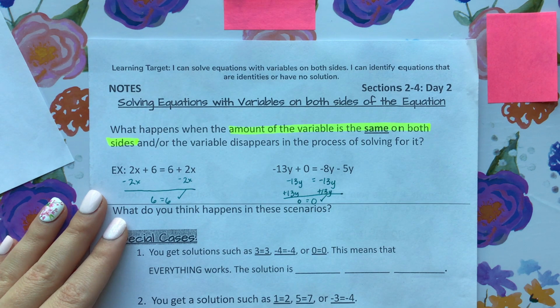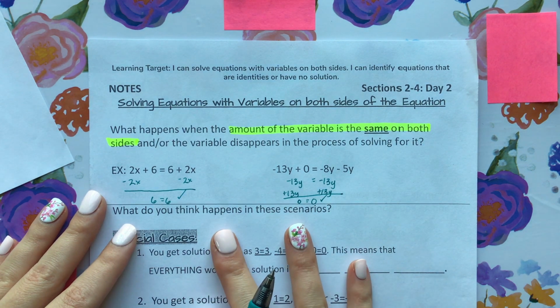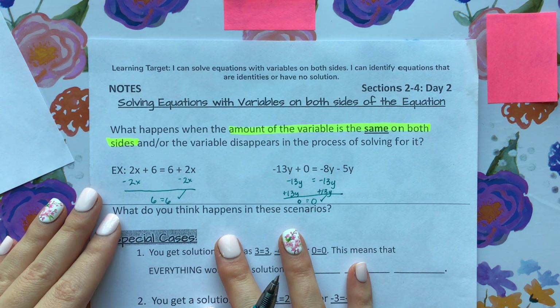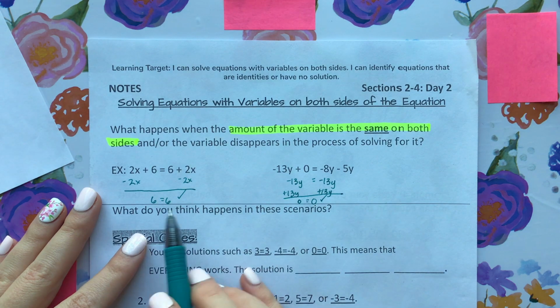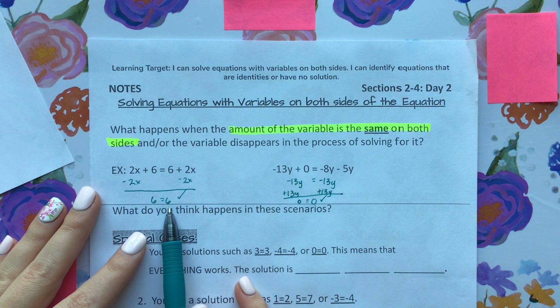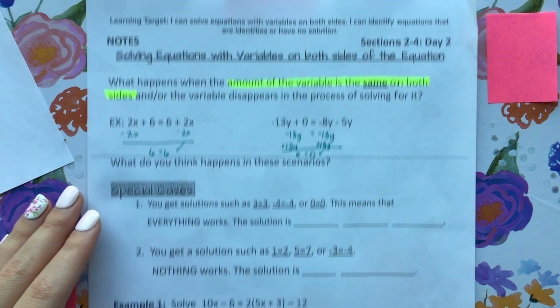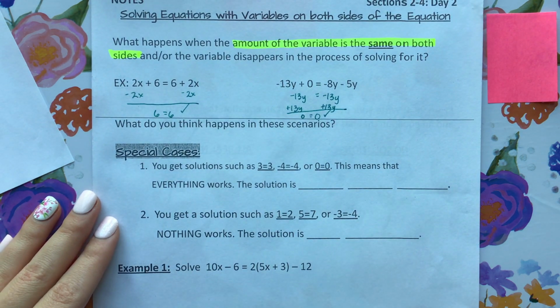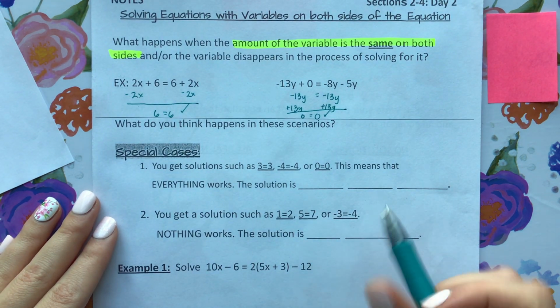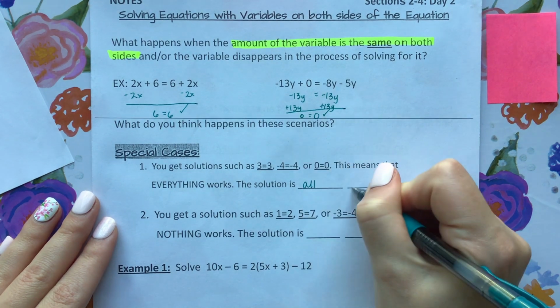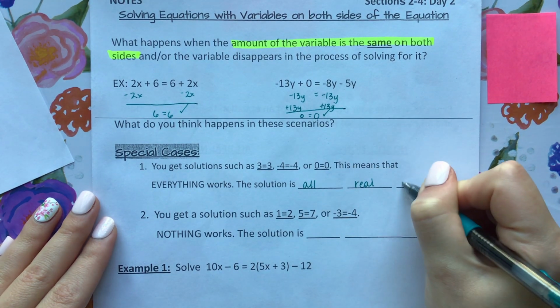Well, yeah, that's true as well. These are something special. When you get an equation where the left is exactly the same as the right and everything works, your solution is all real numbers.